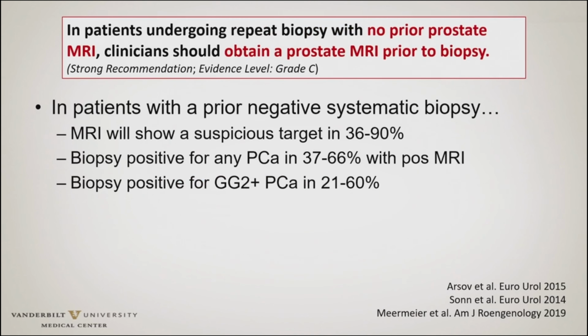There is a difference, however, and so in the repeat biopsy setting, MRI will show a suspicious target 36 to 90% of the time. Biopsy will then be positive a third to 2/3 of the time in the setting of a positive MRI. And a substantial proportion of those are grade group 2 or higher.